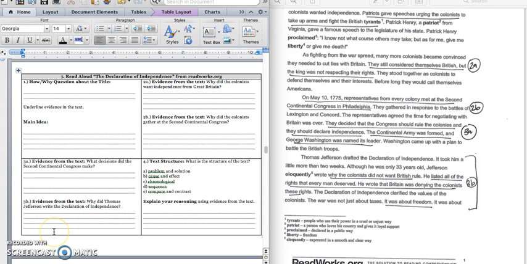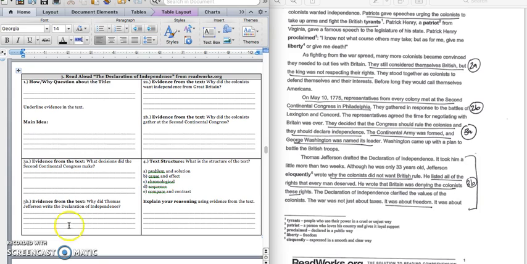So in box 3B, we would write, Thomas Jefferson wrote the Declaration of Independence to explain to King George III that he was denying the colonists the rights that they deserved, which is why the colonists needed to separate from him. Press pause to write down your answer and play when you're ready for box 4.